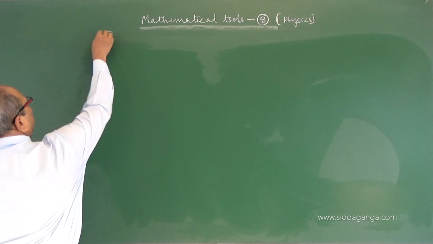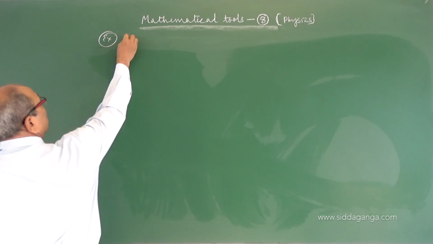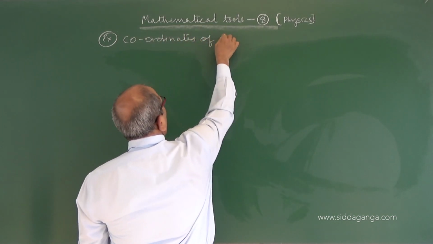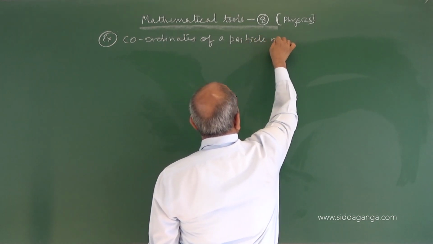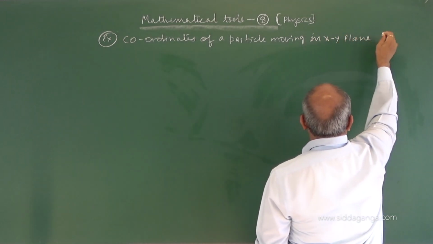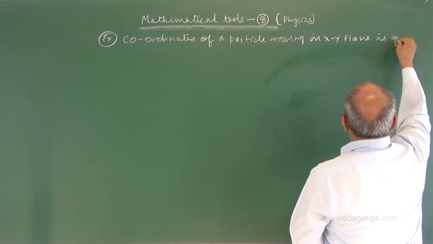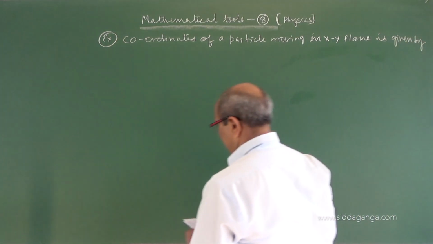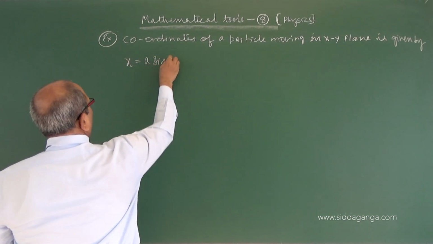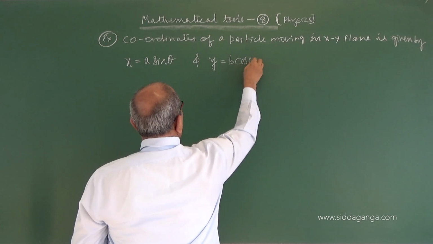Let us take another example. Coordinates of a particle moving in the xy plane are given by x is equal to a sin theta and y is equal to b cos theta.